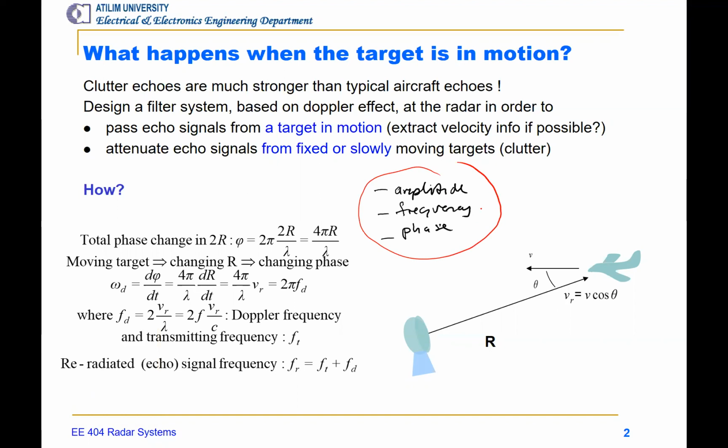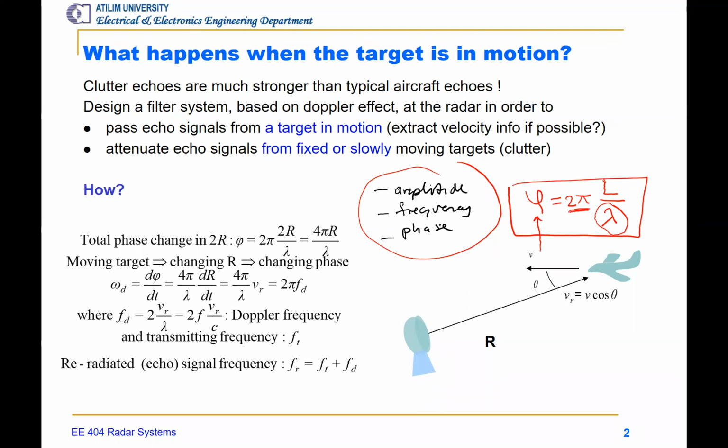And electromagnetic waves, when they travel in space, their phase progresses with the distance through this formula. So for every lambda in space, phase adds 2 pi.